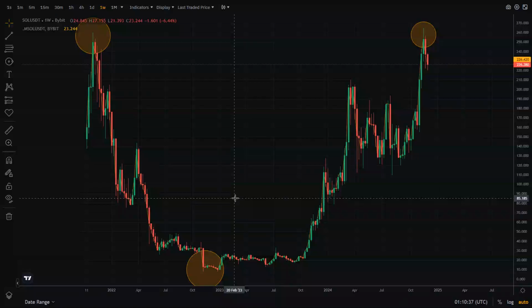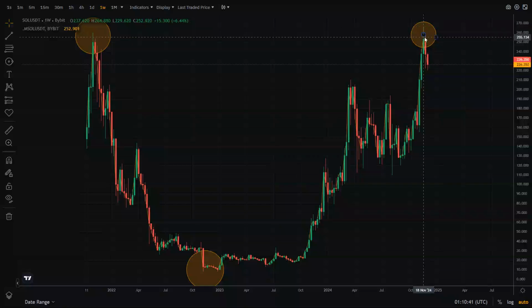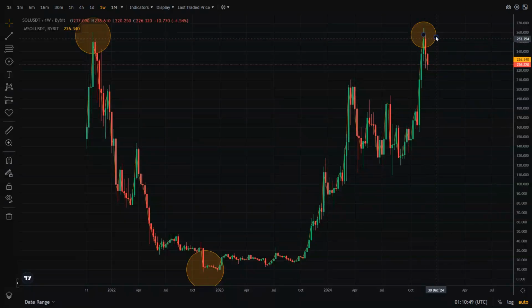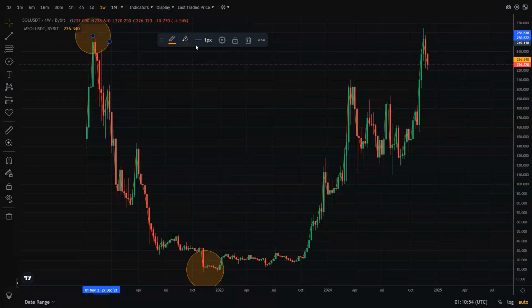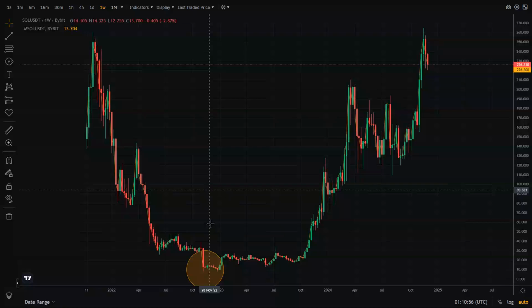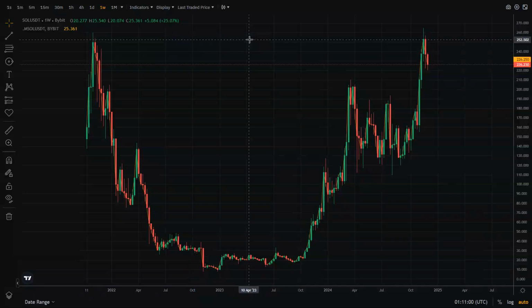Just dropping this circle doesn't really make any sense, so let's delete this circle. I'm trying to reduce the way I speak. I don't want to speak very fast so you guys can understand what I'm saying perfectly.